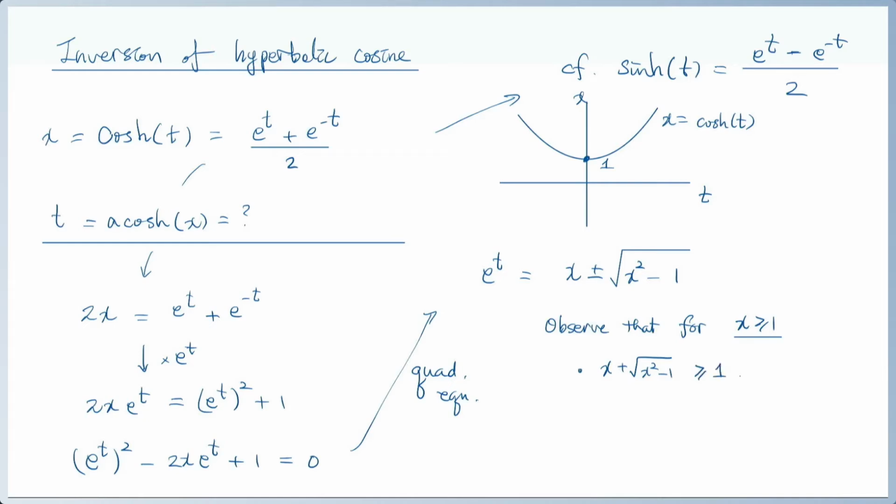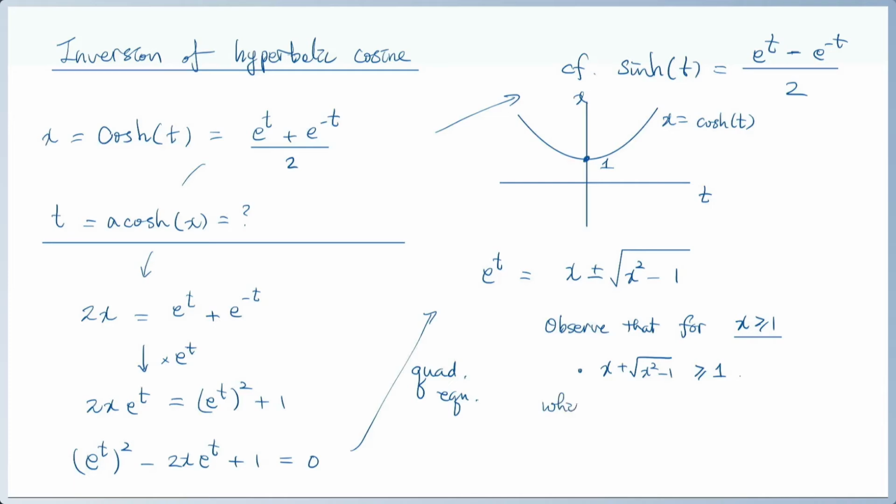When x is equal to 1, we get 1 plus 1 minus 1, which is 1. So 1 is the smallest number. And as x becomes large, this term will become large. It will increase. So this term is greater than 1.